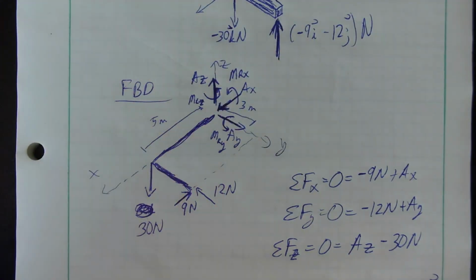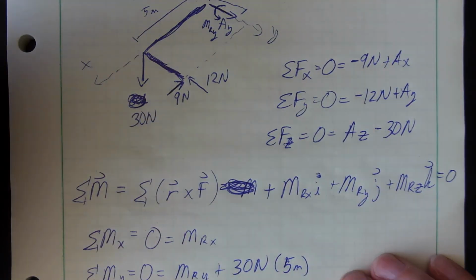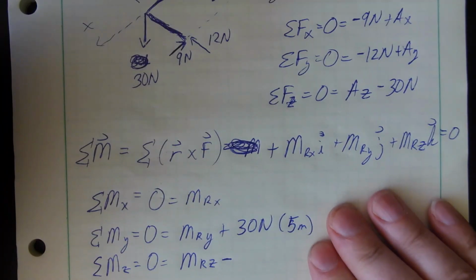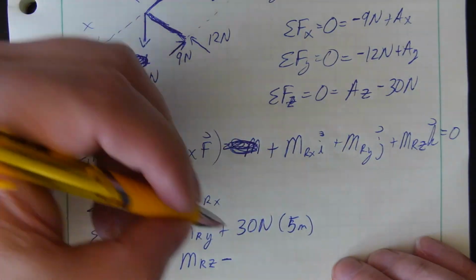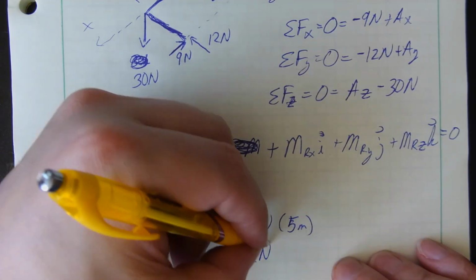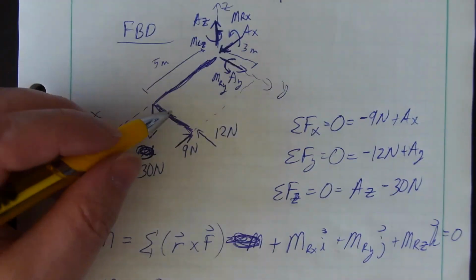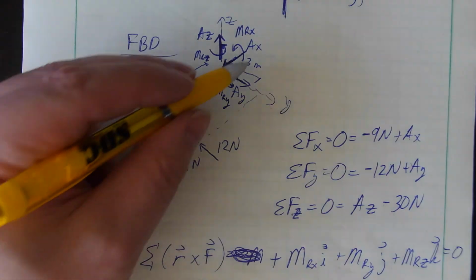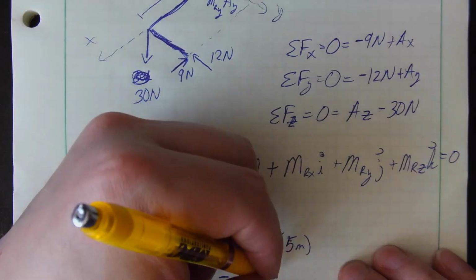And remember, if you're like me and you're left-handed, you can do that. If you're right-handed, you have to actually set your writing utensil down and use your right hand to figure out the direction of the moment caused. So I've got minus 12 newtons. It's causing a negative moment about the z-axis. And its distance is 5 meters from this z-axis.